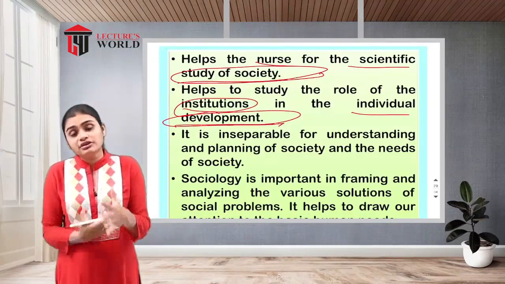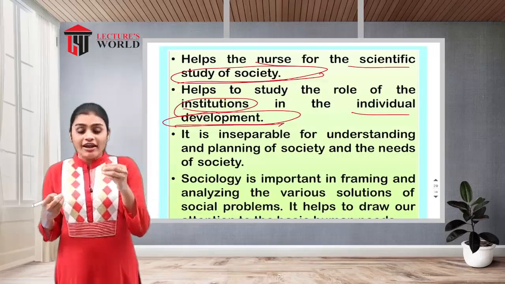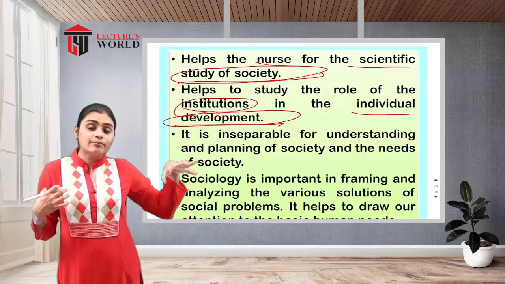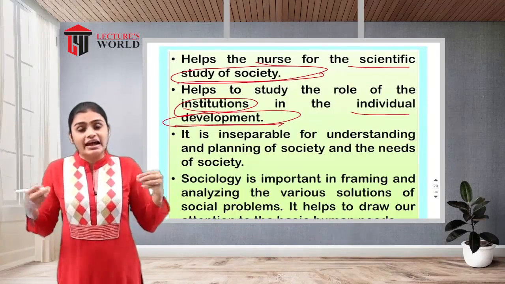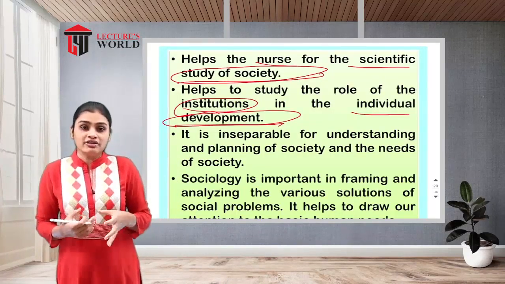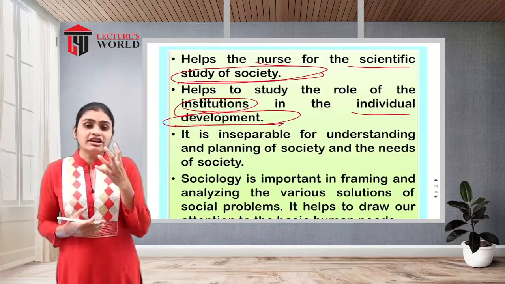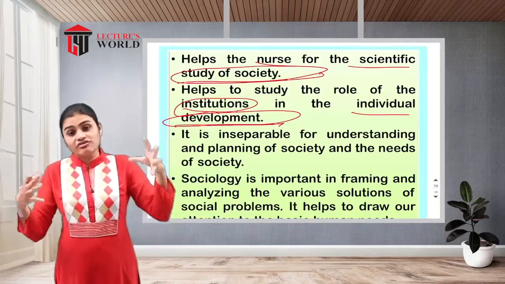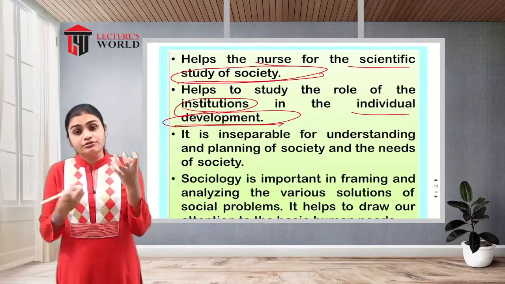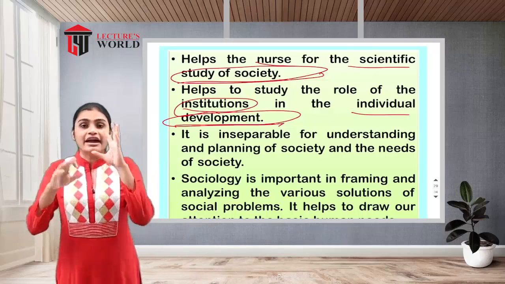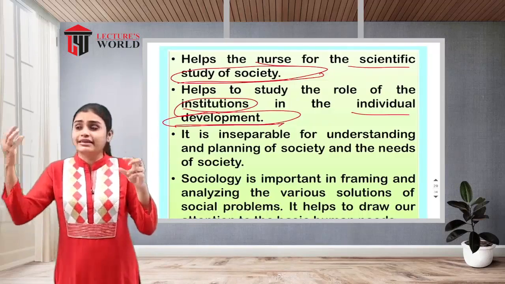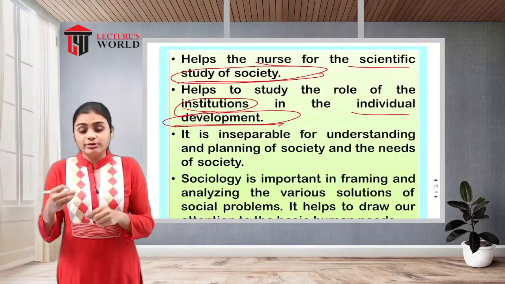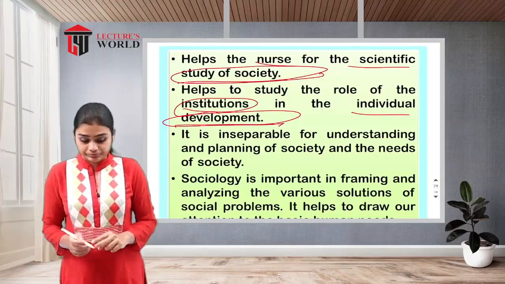So how these institutions affect individual development: with their help we become mature and learn something new. We grow up in our families, then in our religious organizations, then we shift to social organizations like political ones. All these contribute to individual development.